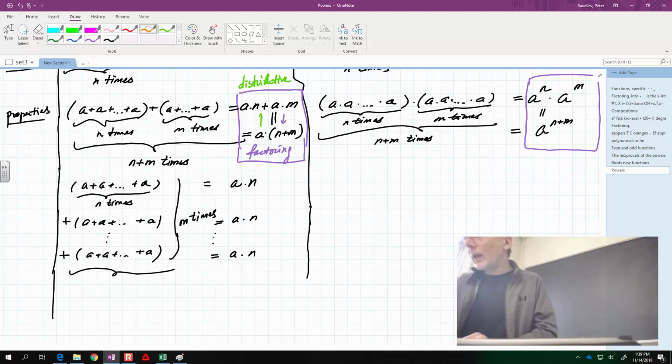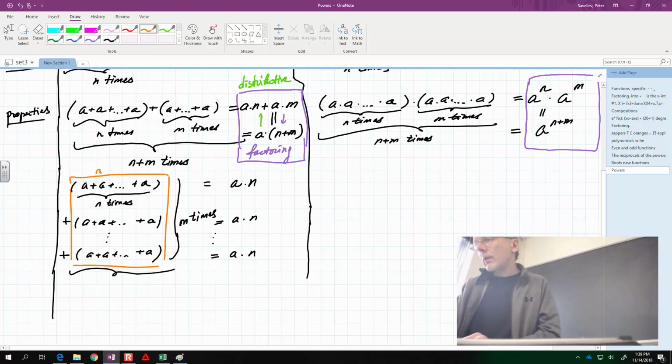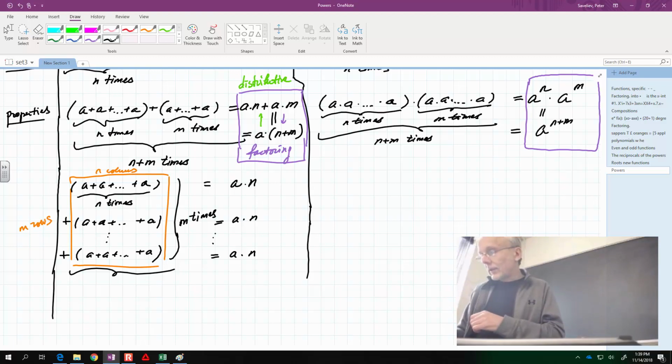It's just a table. It's a table like this with n columns and m rows. How many cells does the table have? Is it n times n? N times m, yes.